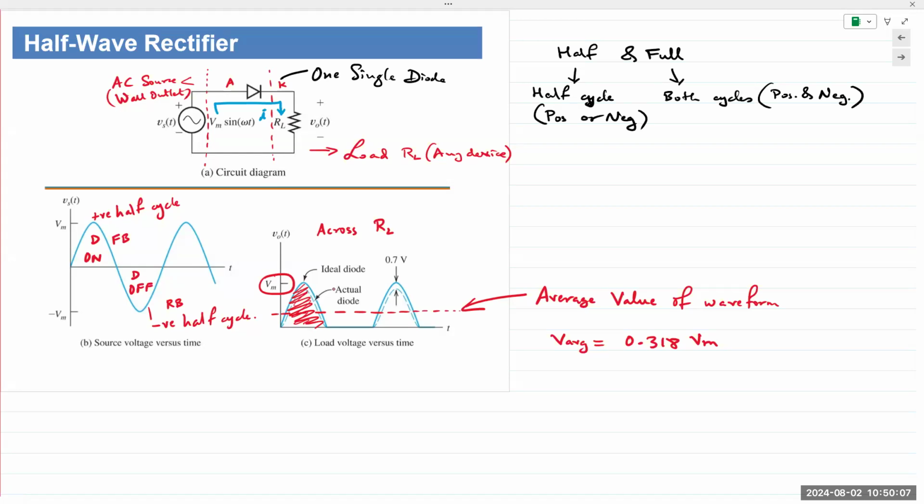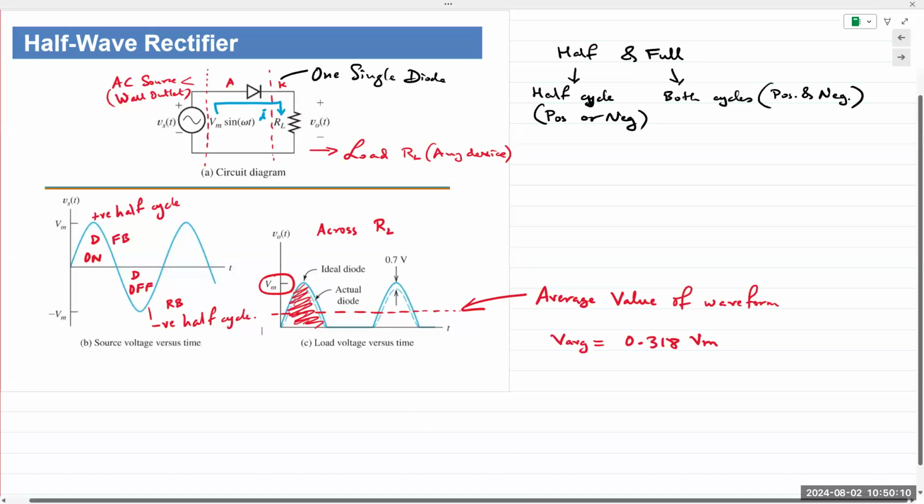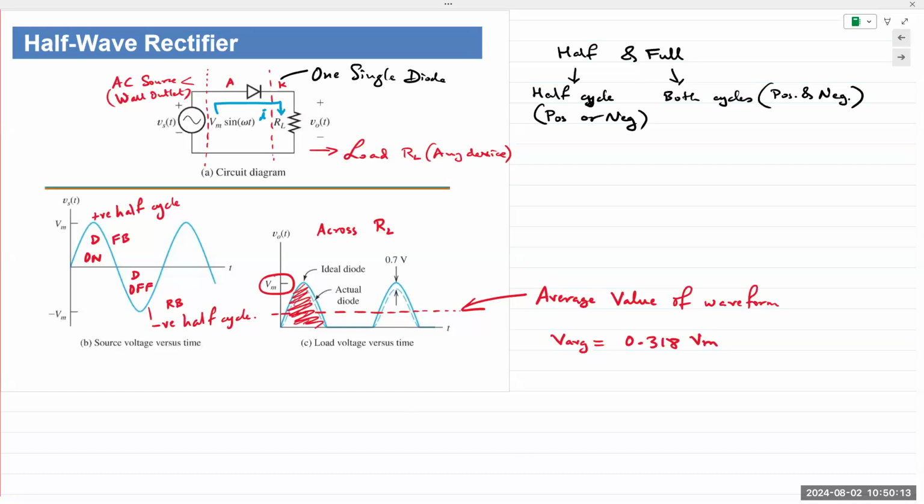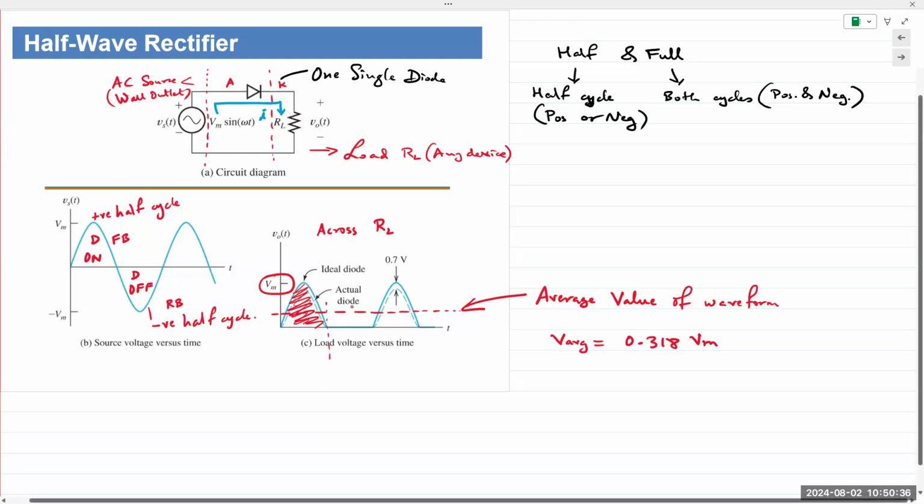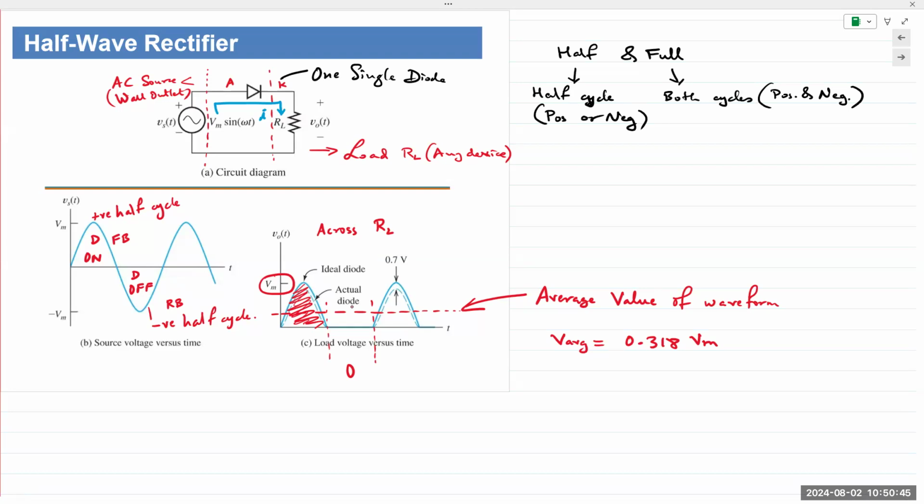All right, let's take a pause. Let me know if you have any questions. I got a quick question. Yes, go ahead. Why do we do 0.318 instead of 0.637? Because the second half cycle is 0. So the value of this is 0. If it was just 1/2 cycle and we would simply average out 1/2 cycle, we would say it is 0.637.